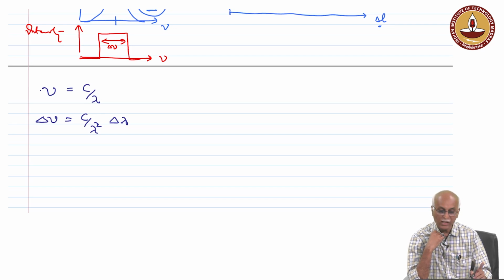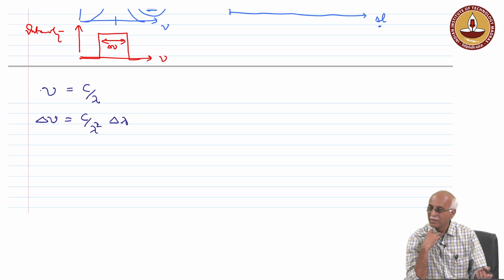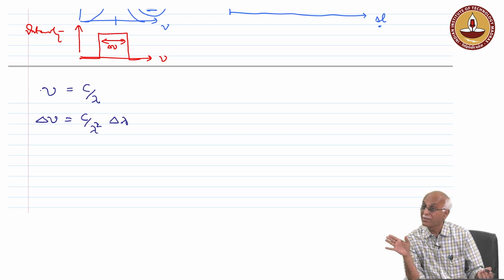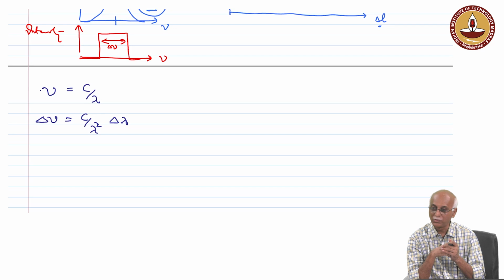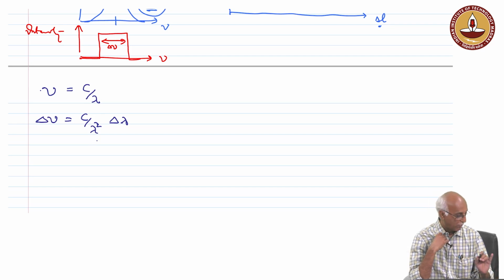Is that okay? You take a differentiation, you will get this. I am not considering the minus sign over here, because anyway the bandwidth is not negative, it is positive. You got this? Can you derive it? Very good.